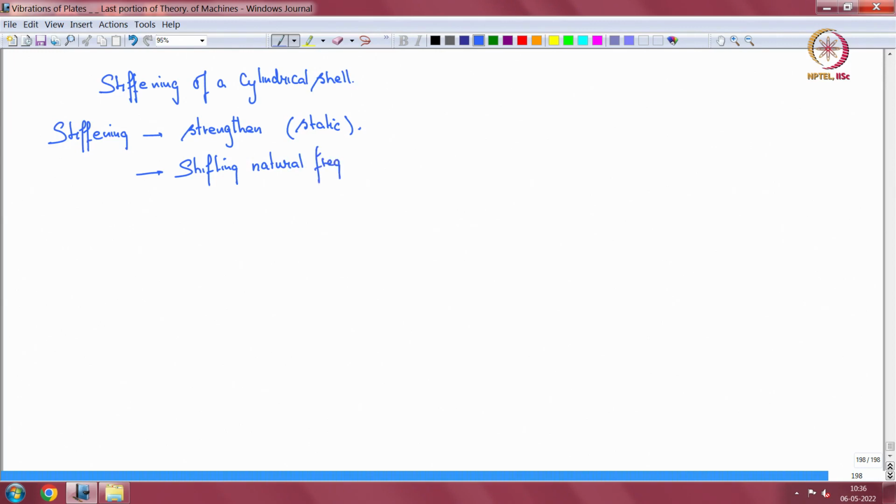If you stiffen any already existing member using some support, then you will shift the natural frequency away from wherever it is causing a problem because some excitation is at that frequency. So, when the excitation sees that the natural frequency has been shifted by stiffening, the vibration amplitudes drop. So, stiffening can be done to shift the natural frequencies also.